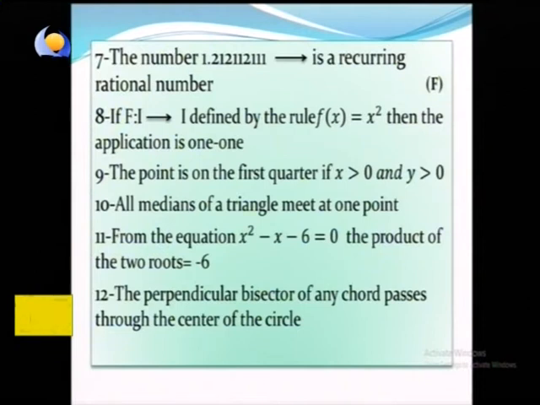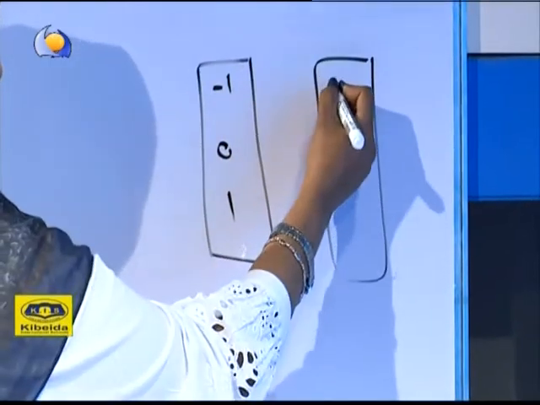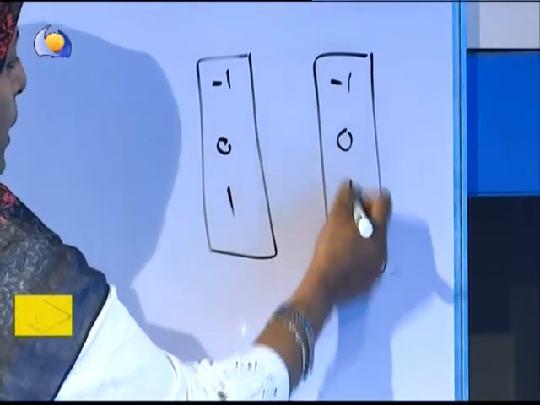We all know that integer numbers are negative numbers and positive numbers plus the 0, so I need to put negative and positive numbers in the same diagram. So negative 1, 0, 1, negative 1, 0, and 1.